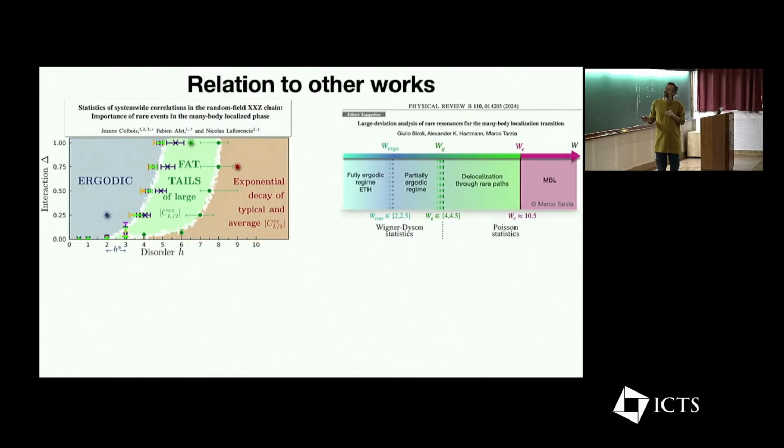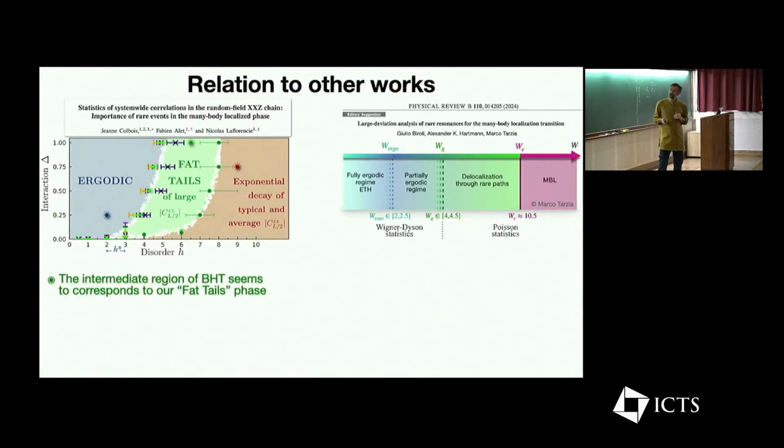So there is an intermediate phase where there is Poisson statistics, but some rare events. It is quite a different way to look at this problem, but they found in the Hilbert space some rare paths of possible delocalization that proliferate when you enter the ergodic regime.